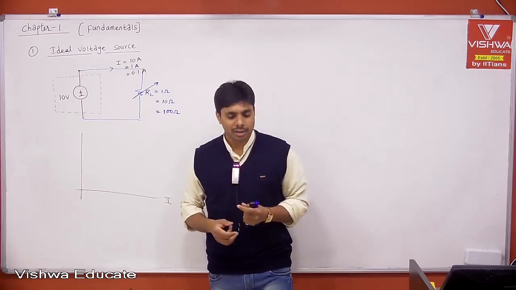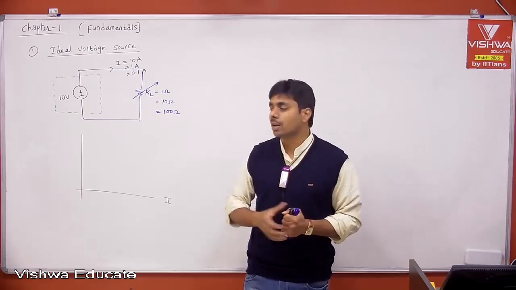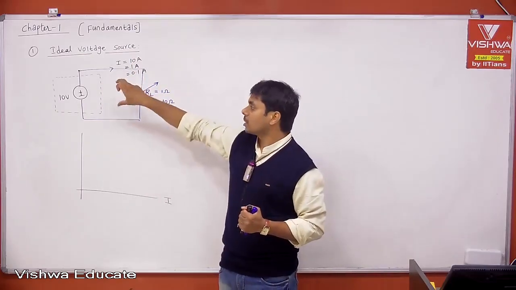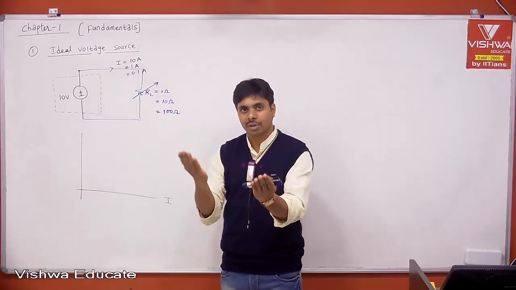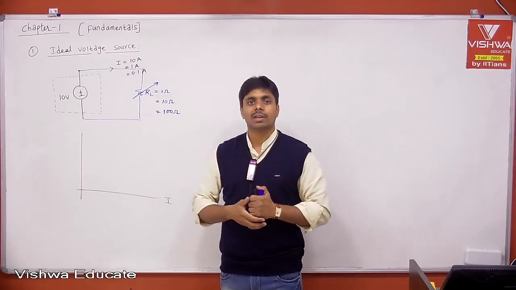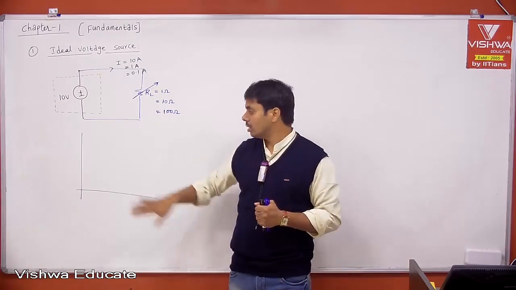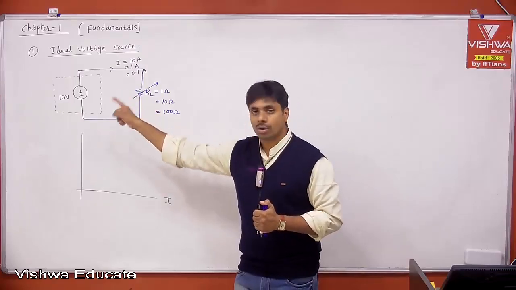Whatever may be the current you try to draw from your voltage source, I am expecting constant output voltage. Now I have got the relation between voltage and current for your ideal voltage source. Indirectly, we are translating this to the graph, which is nothing but the VI characteristics of the voltage source.